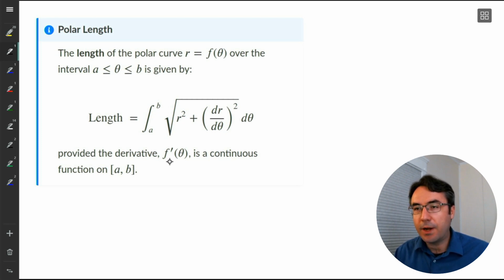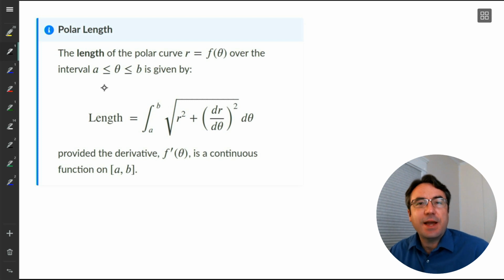But we do require that the derivative f prime for our polar curve is a continuous function on this interval. So dr d theta, or f prime, however we're calling this thing, needs to be a continuous function.